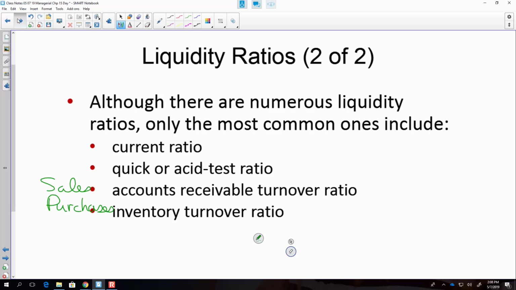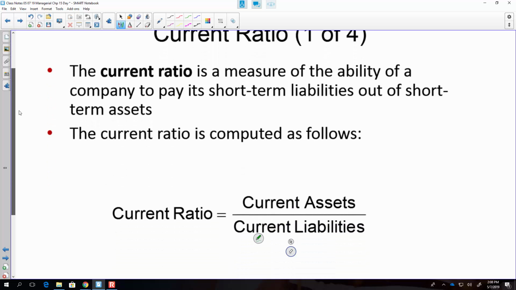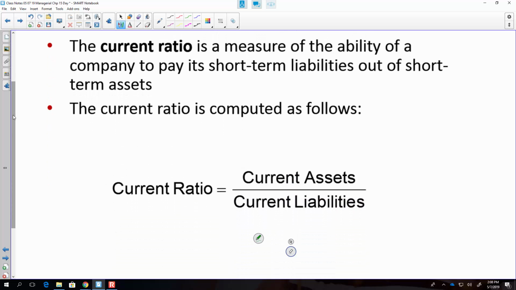So let's start with our current ratio. Very simple computation. We're only looking at our current assets and current liabilities. And they are short-term, right? One year or less.